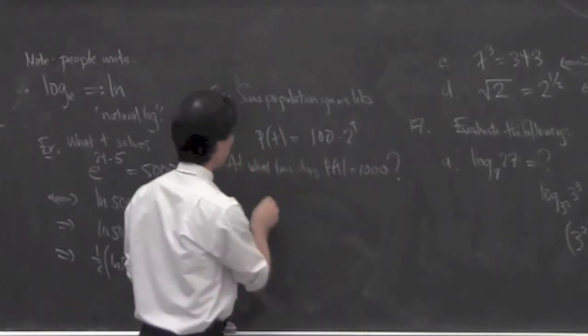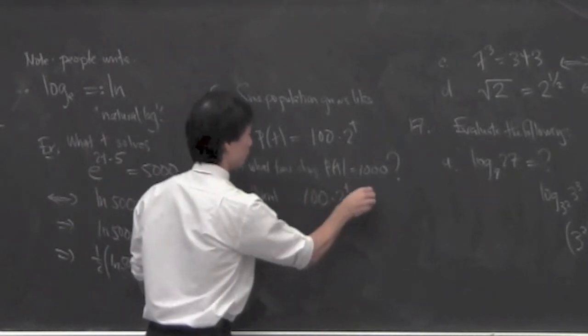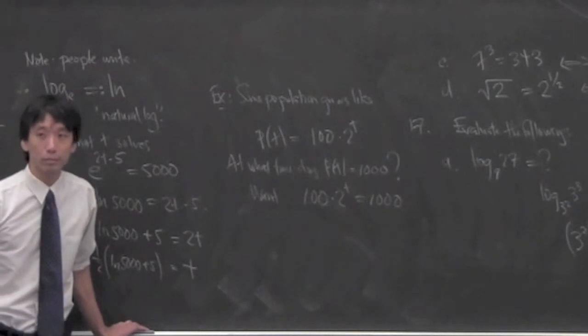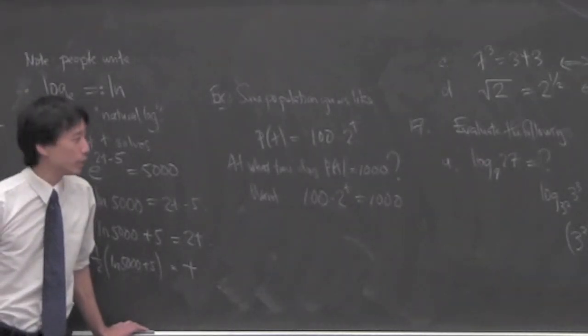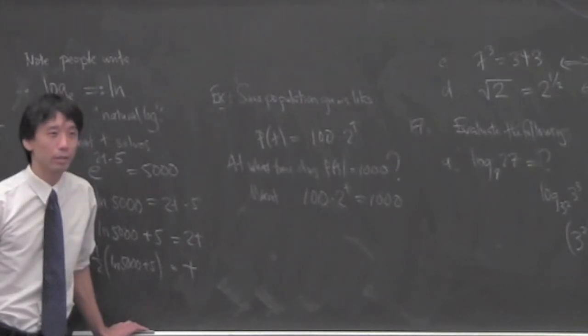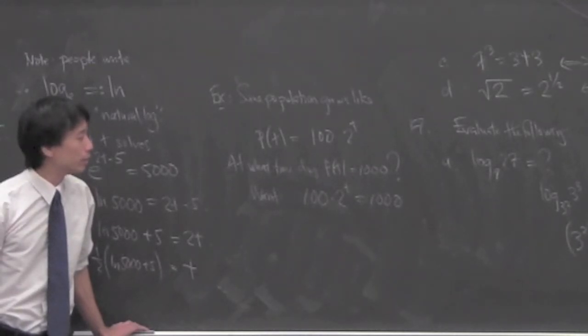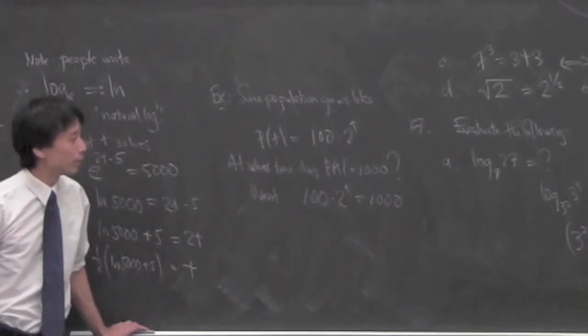You want p of t to be 1,000. And the question is, to solve for t, how do you get the t? What t works? You know that it's going to be between 3 and 4 somewhere. How do you get the t?